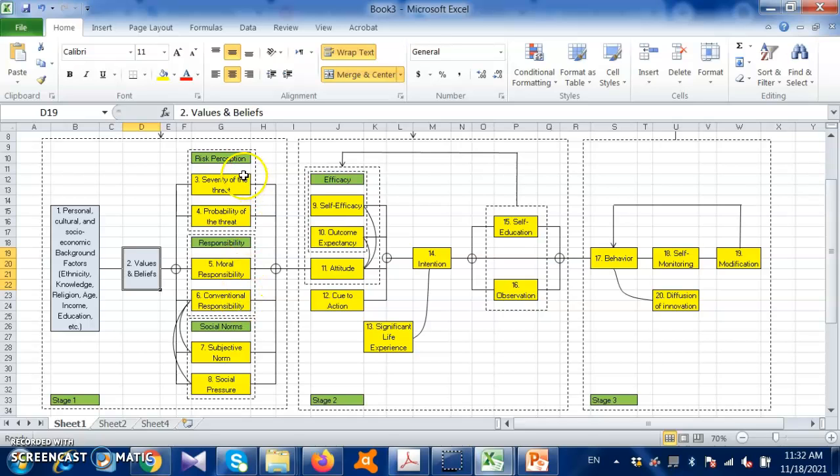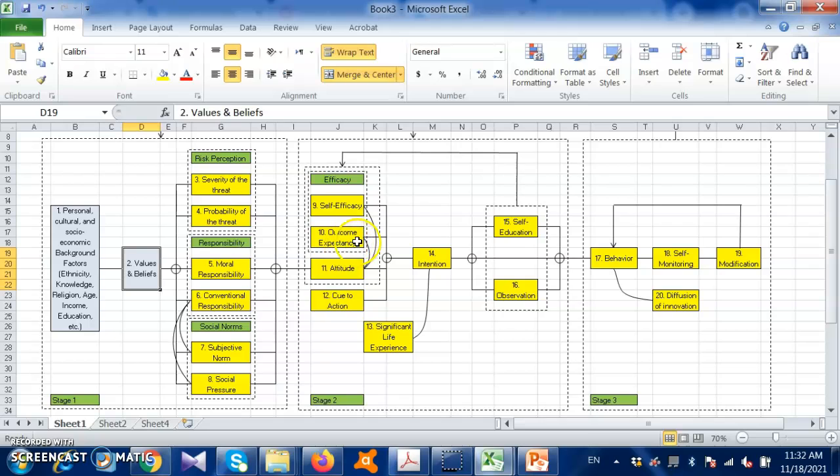All of that leads to attitude, which is the first component in stage number 2. The second component is efficacy, which is divided into self-efficacy and outcome expectancy. Self-efficacy is: do I think I can do it?